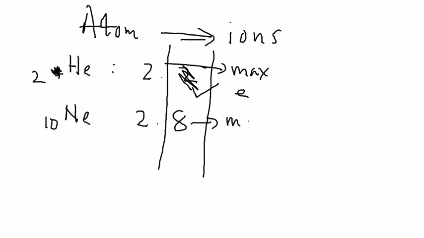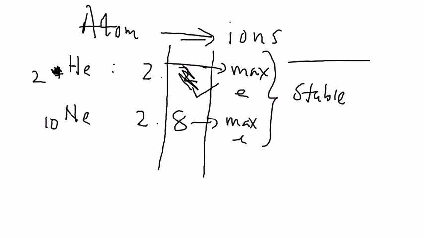Again, it has a maximum of electrons. So these atoms are very stable. That's why they have a specific name, noble gas, and they are very unreactive, meaning they do not react with other elements in nature.